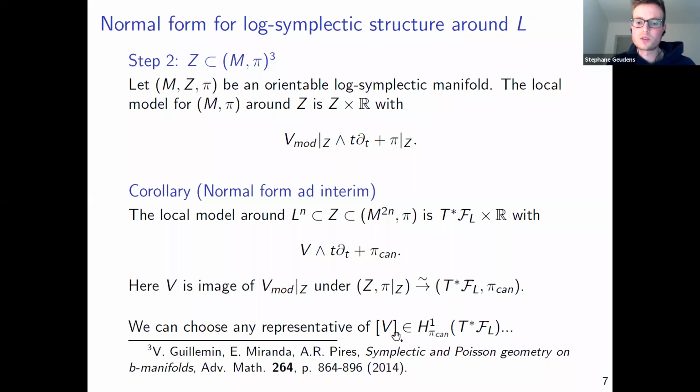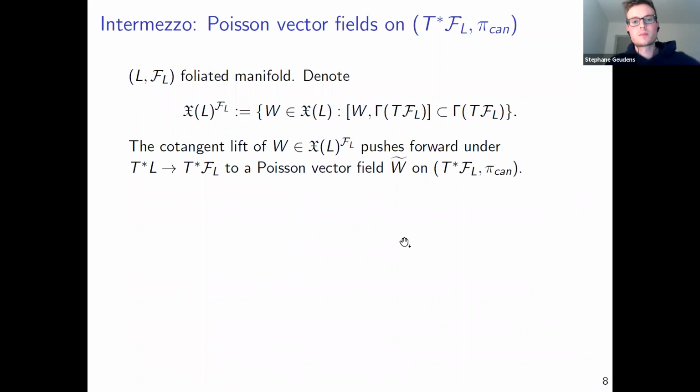What is this cohomology where V lives? So this holds in generality, say that if you have any foliated manifold L, and we denote as follows the space of projectable vector fields. So these are vector fields whose flow preserves the foliation.